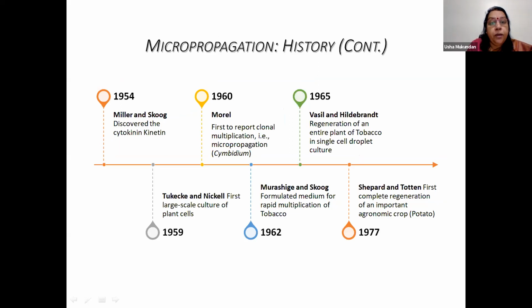And because we are talking about micropropagation, we are talking about commercial propagation of plants, we are going to again emphasize the work of Morel, and Morel is given the credit of conceiving the idea of in vitro commercial propagation of a very important floricultural plant, that is the orchid known as Cymbidium.